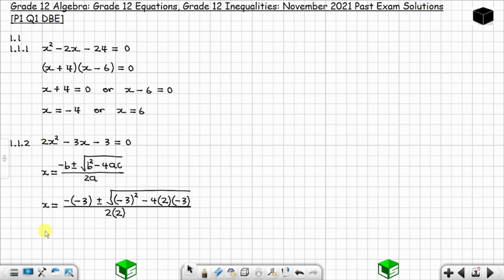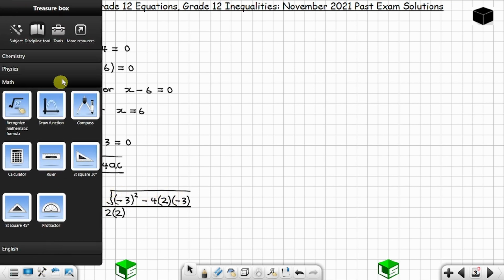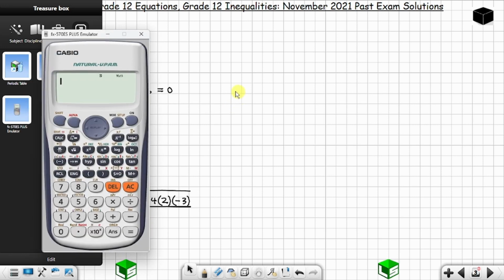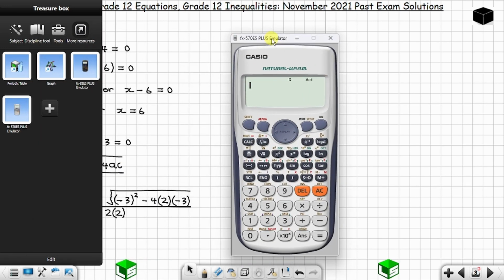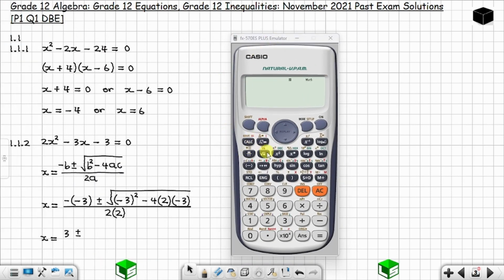So you carry on: x is equal to 3, plus or minus the square root of this. What do you get from this? Use your calculator. You can do this in the exam. You solve step by step.